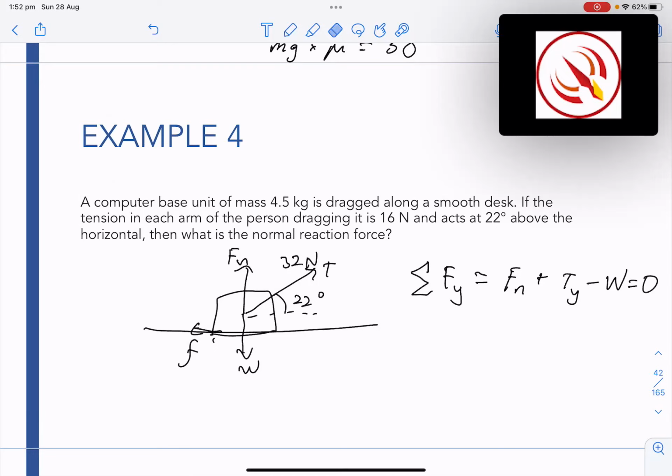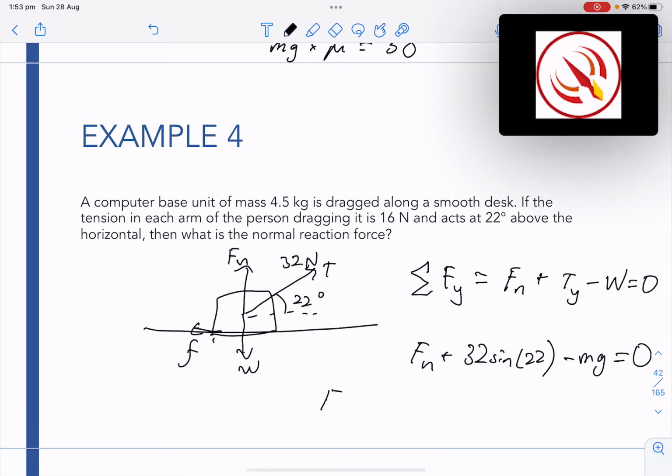Now we know that Fn and weight force are equal. So Fn plus Ty, which is 32 sine 22, minus mg equals 0.